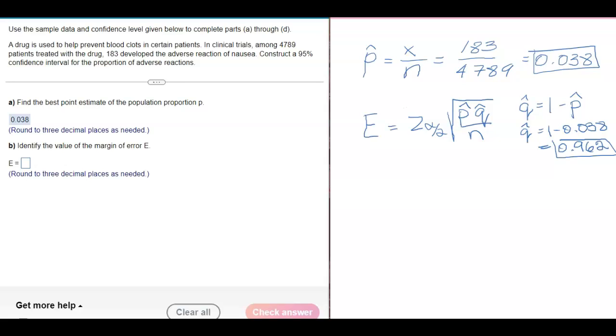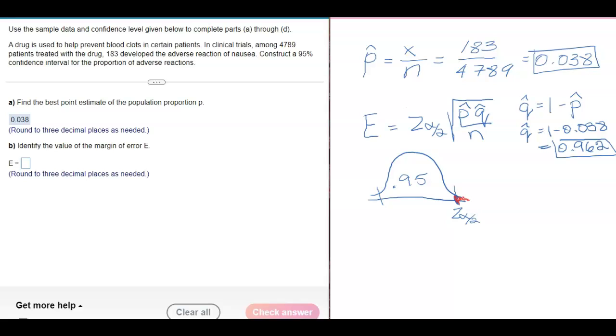To find Z of alpha over 2, we'll use StatCrunch. Before we use StatCrunch, let's do some sketch. We're looking for a 95% confidence interval. So confidence level will be 0.95. Z of alpha over 2 is that critical value that separates critical region on the right of that value from non-critical region on the left.